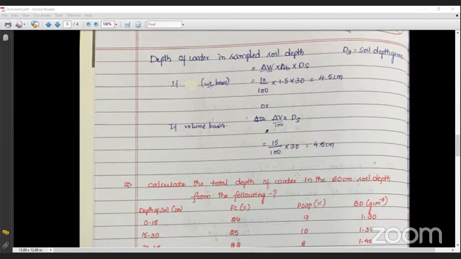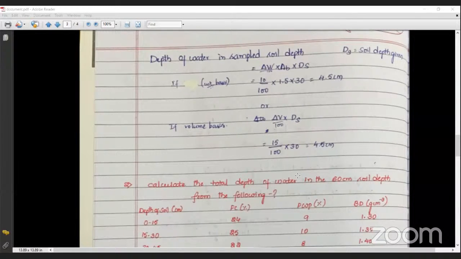That means they have taken the soil at a depth of 30 centimeter. Whenever you take a soil sample, we usually take around 15 centimeter depth, but in some cases we take 30 centimeter depth, because that will vary.